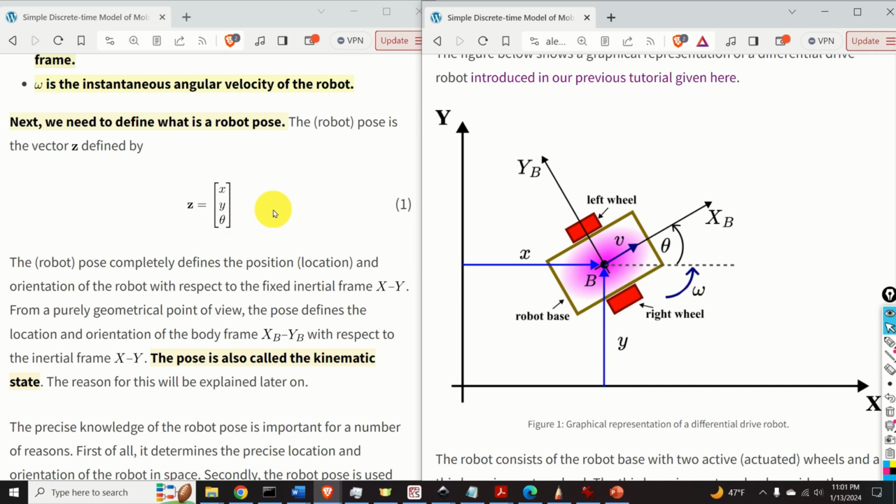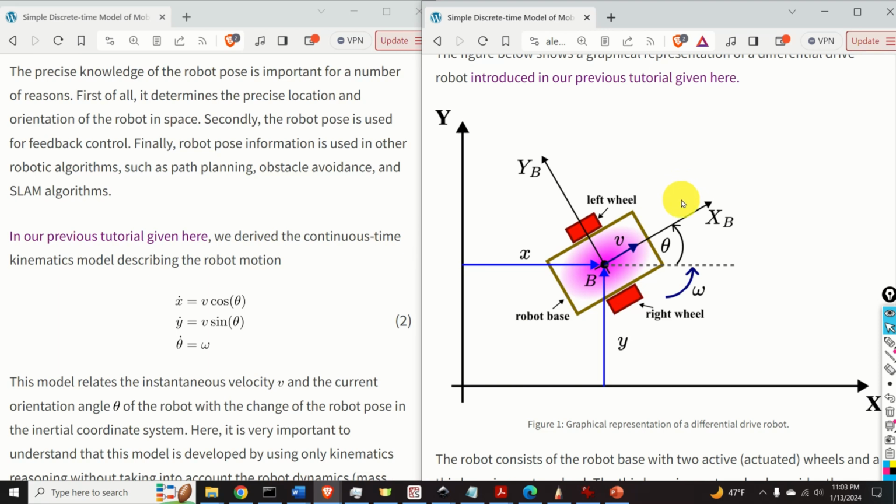The robot pose completely defines the position or location and the orientation of the robot with respect to the fixed inertial frame X and Y. From a purely geometrical point of view, the pose defines the location and orientation of the body frame with respect to the inertial frame X and Y. The pose is also called the kinematic state. The reason for this will be explained later on in this video tutorial.